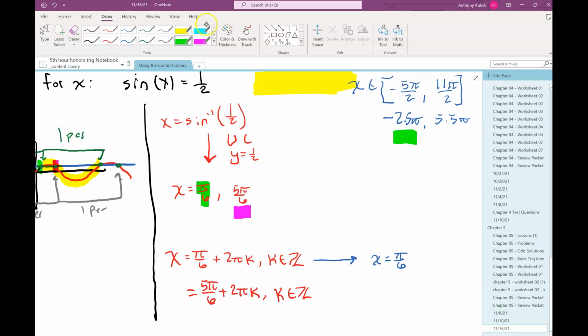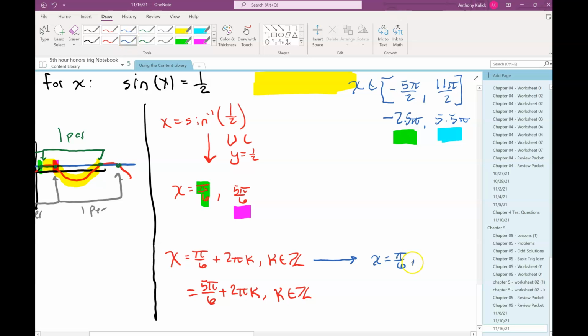And then I will add 2 pi to pi over 6 until I find a solution that's bigger than 5.5 pi, in which case I would stop. And at that point, I found all the things coterminal to pi over 6 that are inside of this interval.